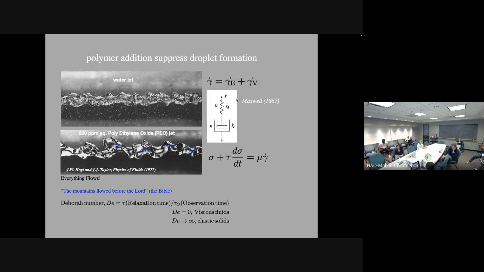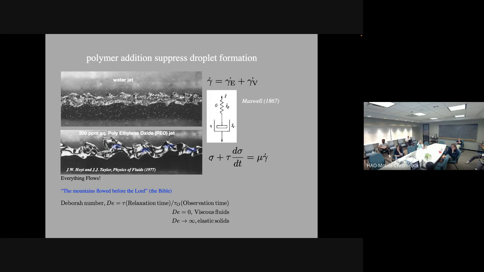So Maxwell long ago proposed that this kind of system can be represented by an equation like this, where sigma is the stress and gamma dot is the strain rate, because in a fluid you always talk of strain rate, right? So now suppose that your tau, or the relaxation time, is very small, so you can neglect this term.